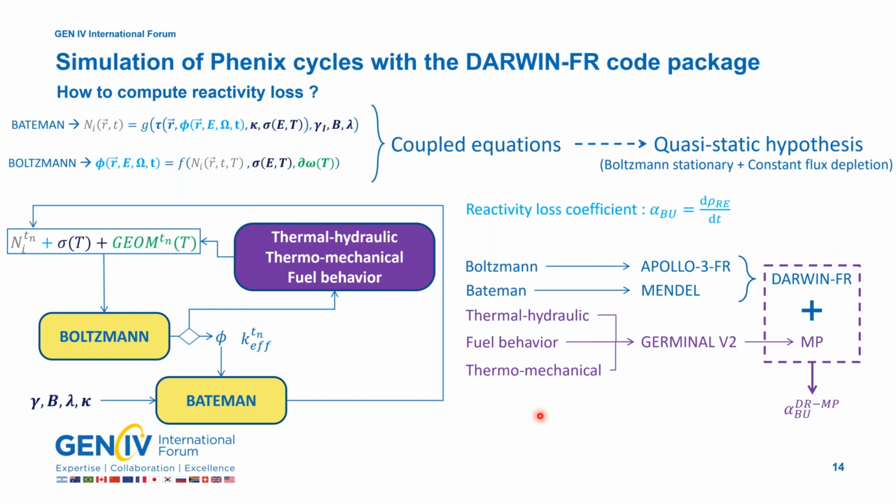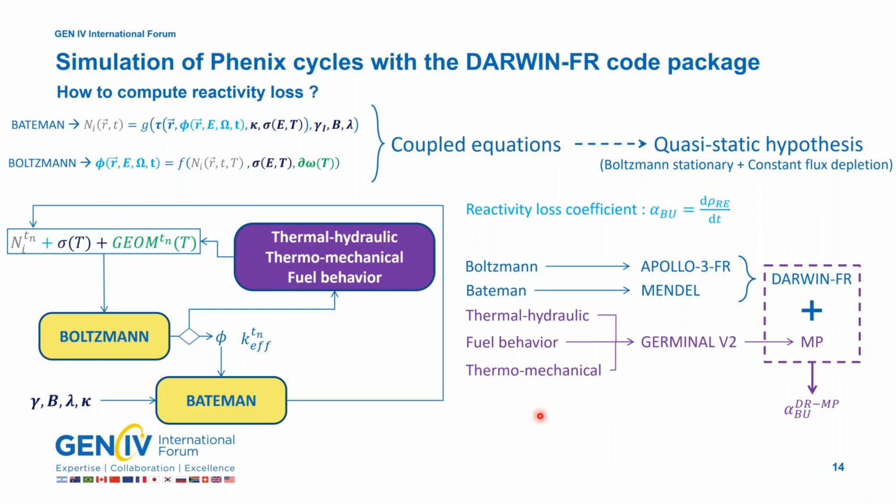So now we need to find an application, a power reactor application, to assess this methodology. For that, we will need a sodium fast reactor that has a sufficiently long cycle at stable power and sufficiently high power.